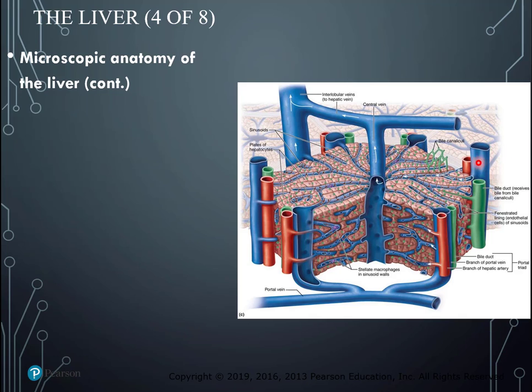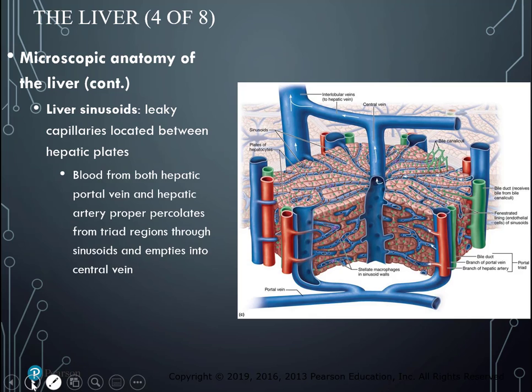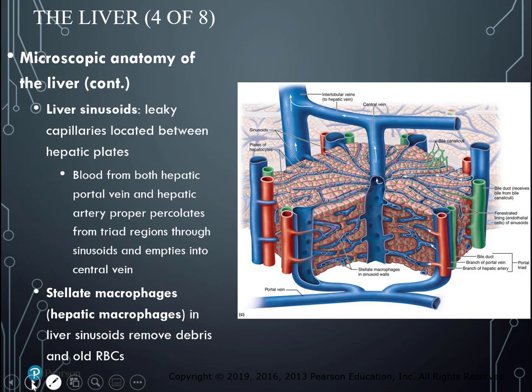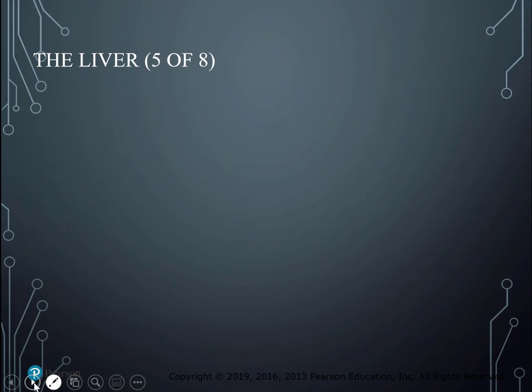So every corner has it, a trio right in the corner of each. This is an entire lobule, and right in the middle of the lobule you will have the central vein. Just know that you will have to know this in your lab practical, which is probably what you're doing today.